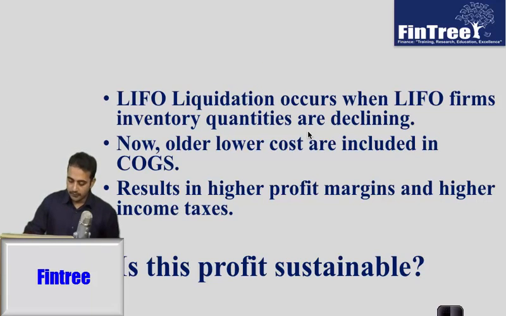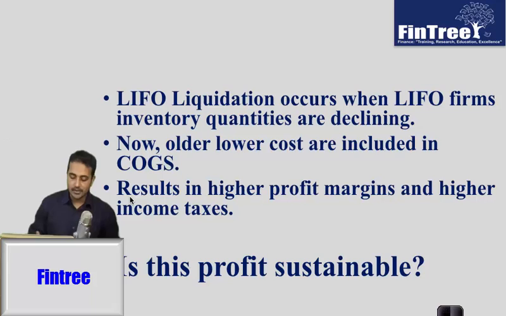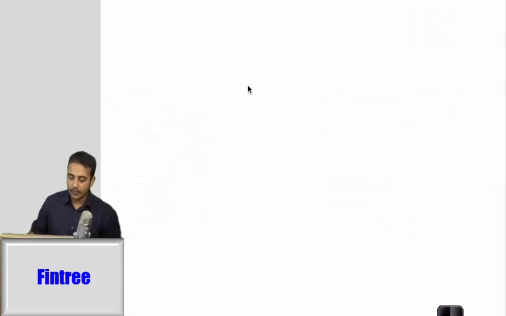LIFO liquidation occurs when a LIFO firm's inventory quantities are declining, and now the older costs are included in COGS. It will result in a temporary higher profit margin and a higher amount of income taxes. And is the profit sustainable? No. So again, if you're finding this difficult to imagine, I can create a small hypothetical scenario.